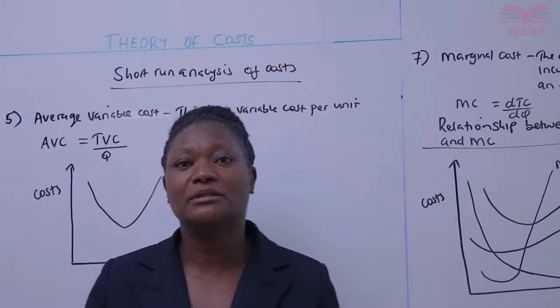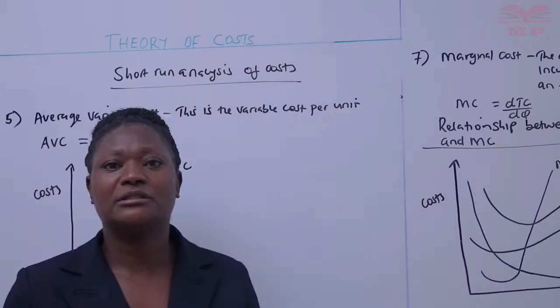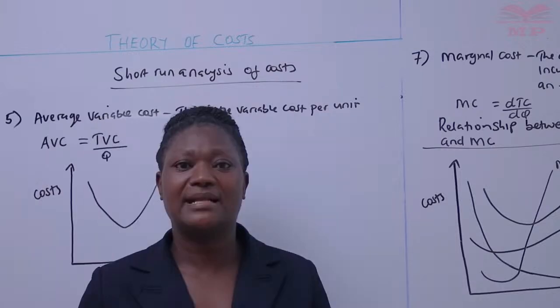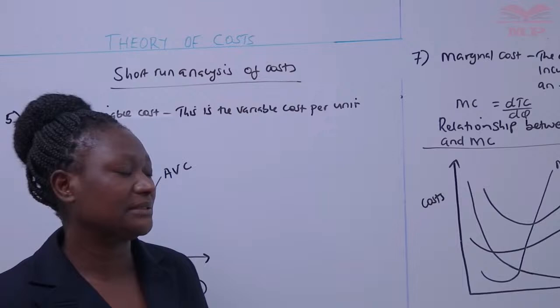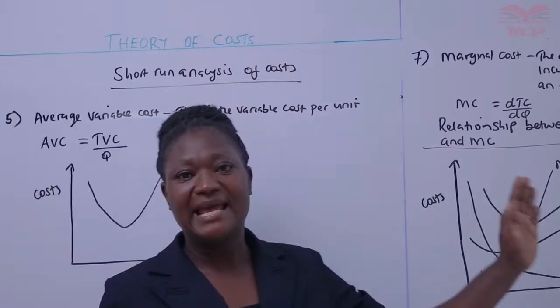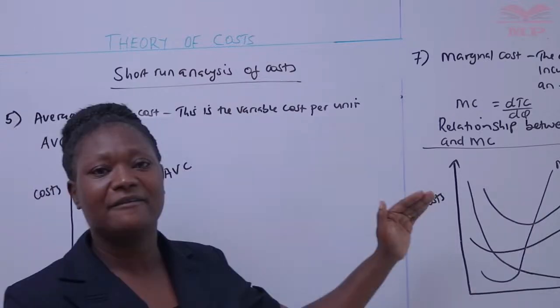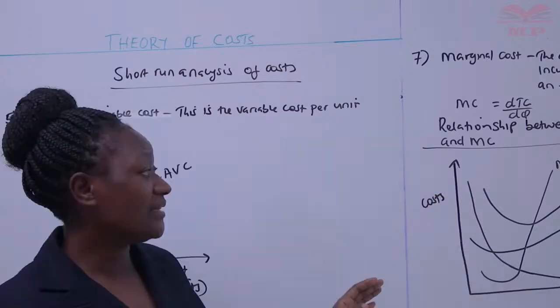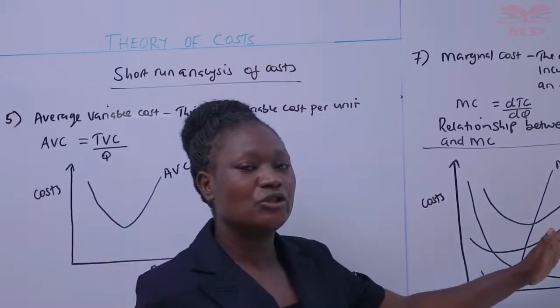We have average cost or average total cost, as well as marginal cost. If they are required in your exams, you should be able to explain, backing up your explanation with the graphs, and then show the relationship that is existing between graphs.